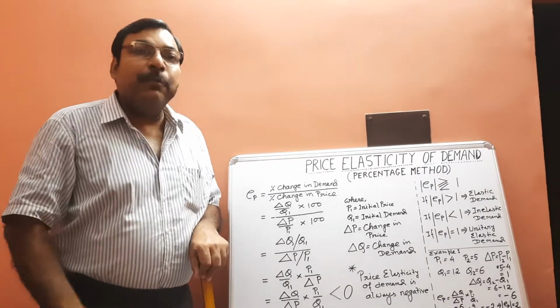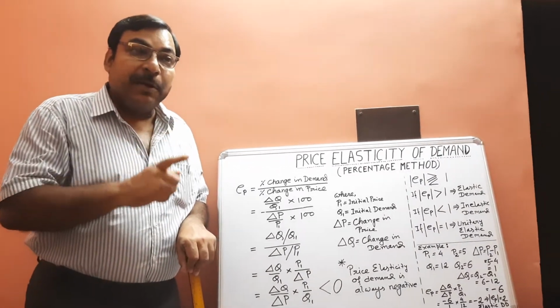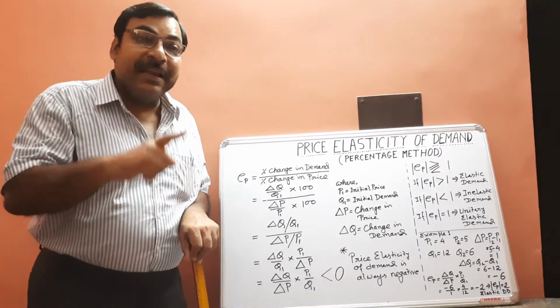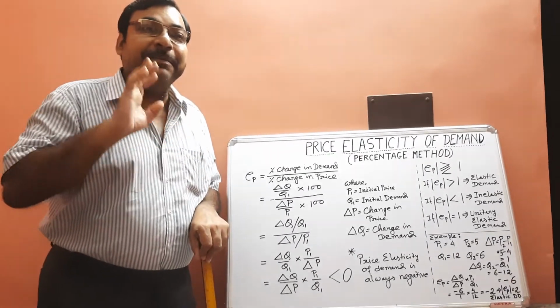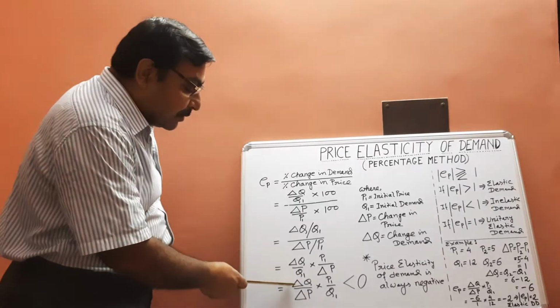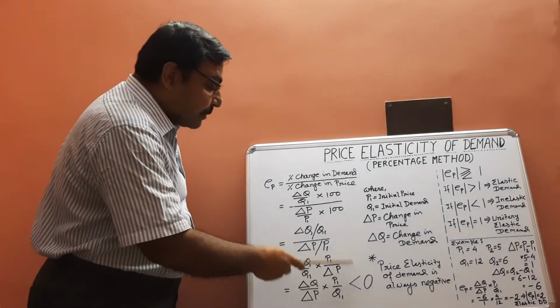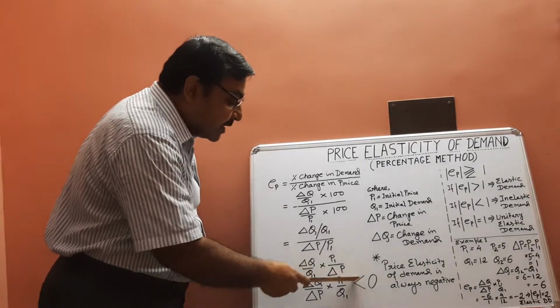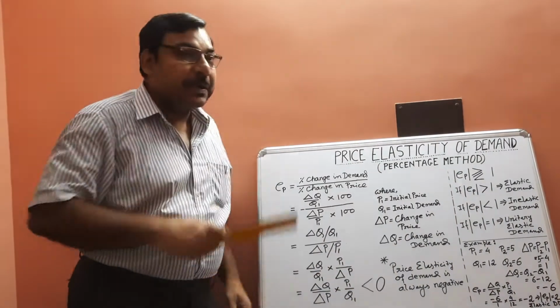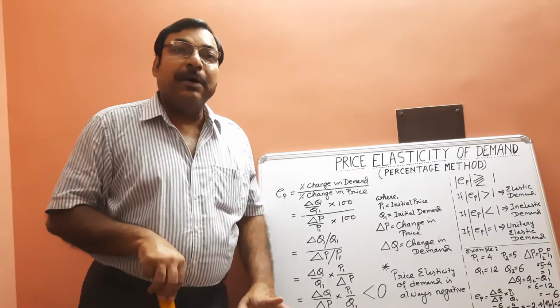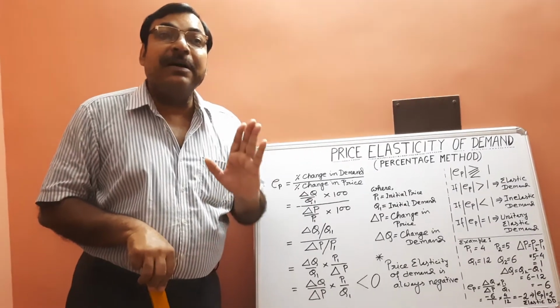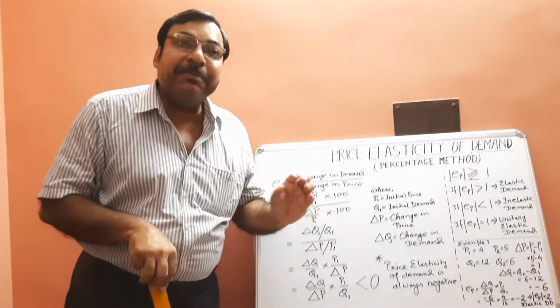Any one of them will be negative because of the inverse relation between price and demand. If any one of them is negative, the whole expression becomes negative. So we say price elasticity of demand is always less than 0, always negative. In a word, the reason is the inverse relationship between price and demand.